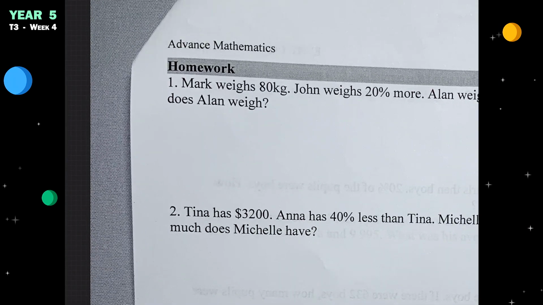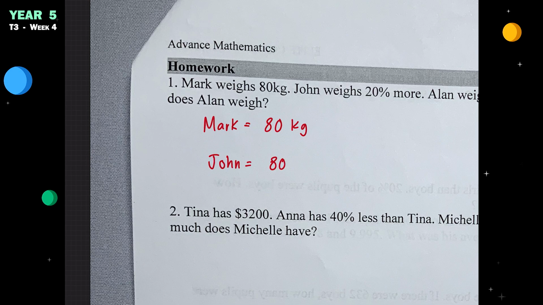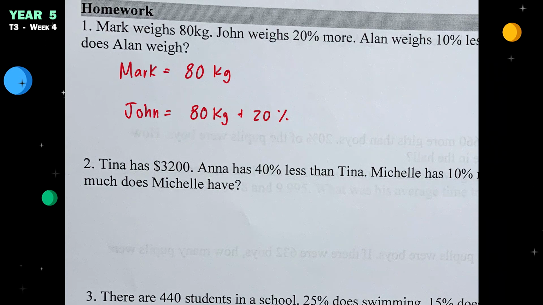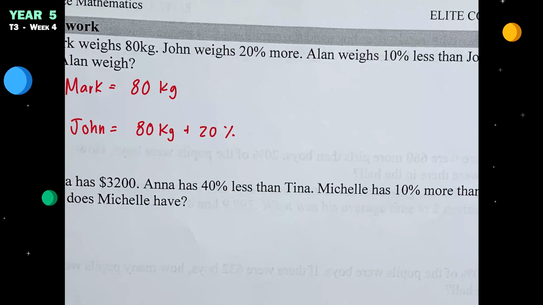Okay, so let's just write that down for a second. Mark is equal to 80 kilograms, and then John is equal to Mark's weight, which is 80 kilograms, plus another 20%. Let's work that out first.